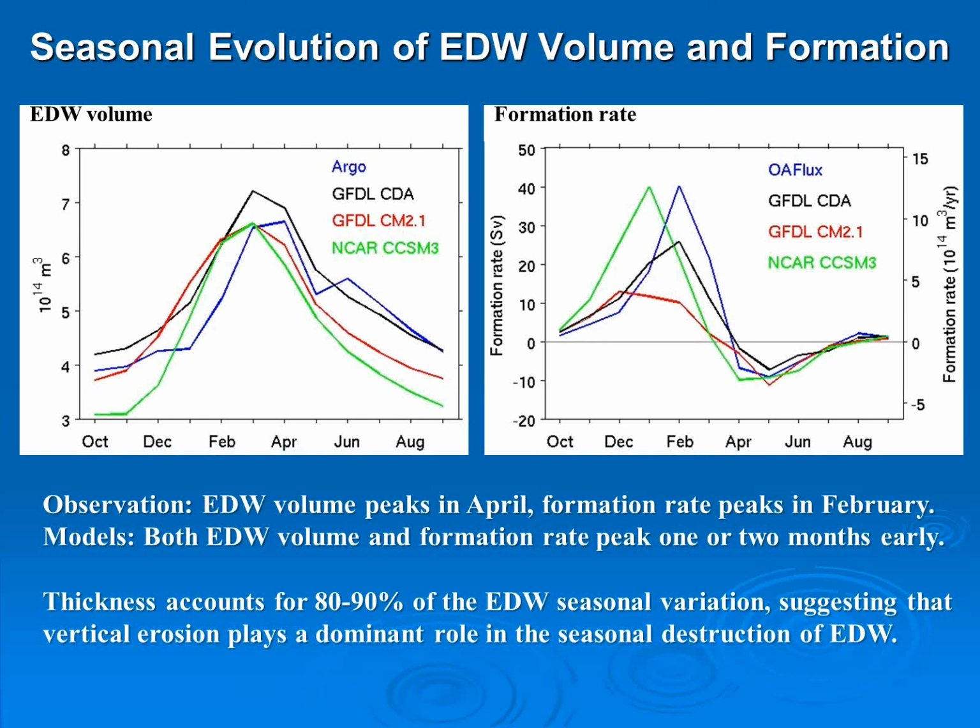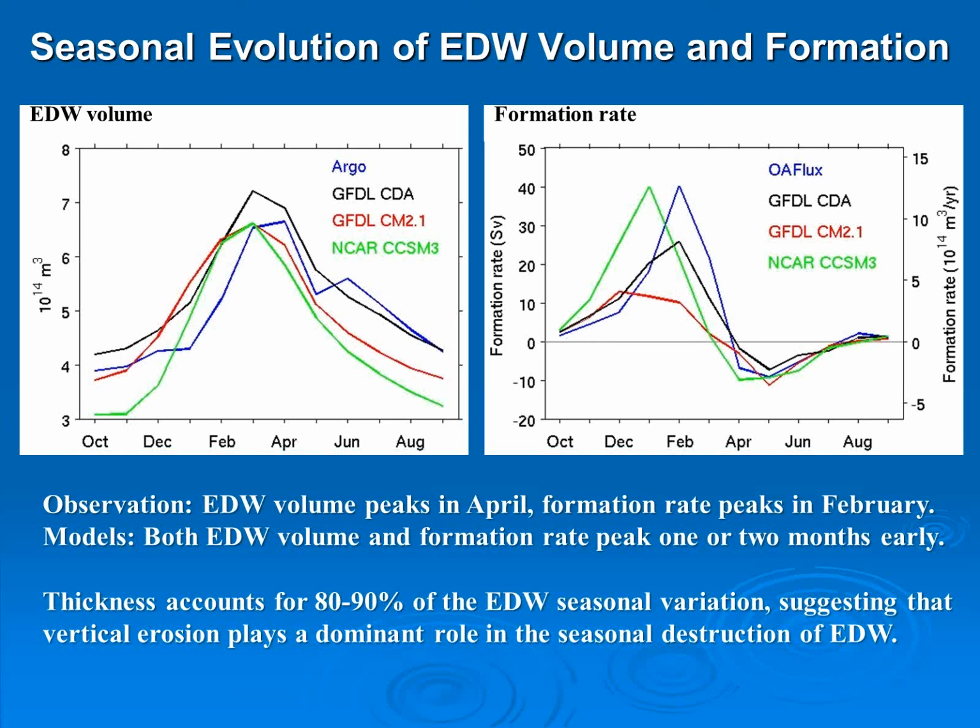Before I show you the interannual variability, I just want to use this figure to show you the seasonal evolution of EDW volume. On the left is the volume, and on the right is the seasonal cycle of the formation rate.